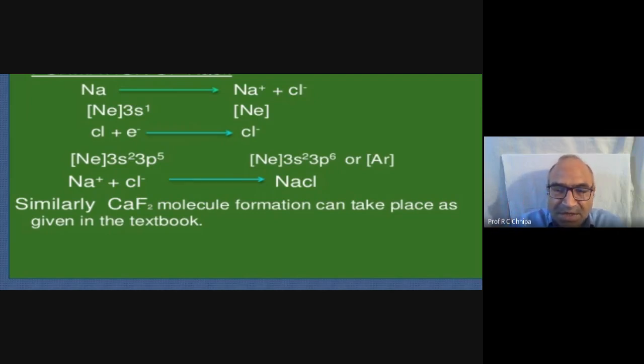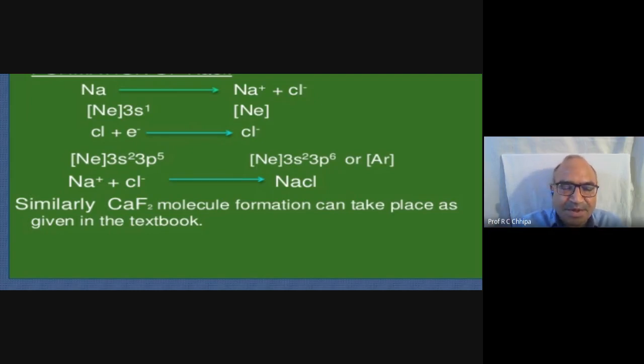So cations and anions are formed because of the electron transfer, and they form a very strong bond, as in sodium chloride in the solid state.